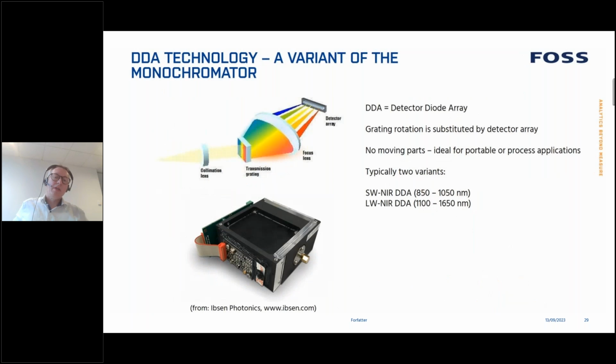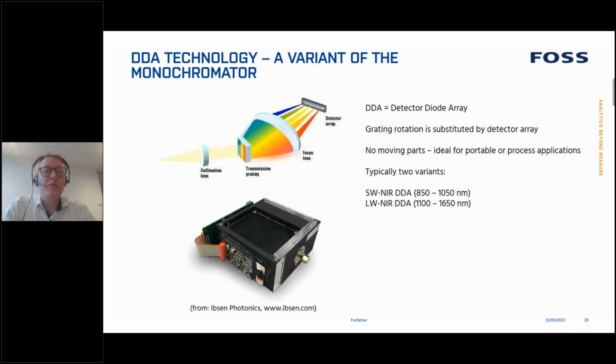Then there's a third technology that is worth mentioning, and that's the DDA technology, which is basically a variant of the monochromator technology. It's also the light being projected onto a grating, and the grating will then disperse the wavelengths into different spatial areas. But instead of turning the grating, there's a detector array that picks up each of the wavelengths.